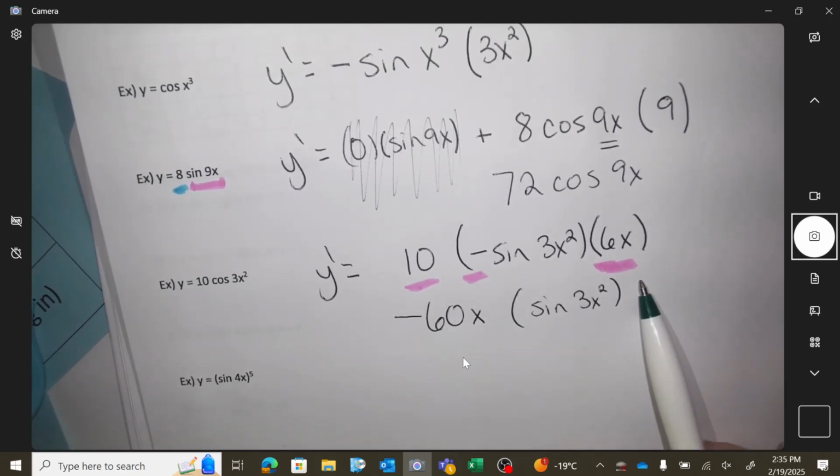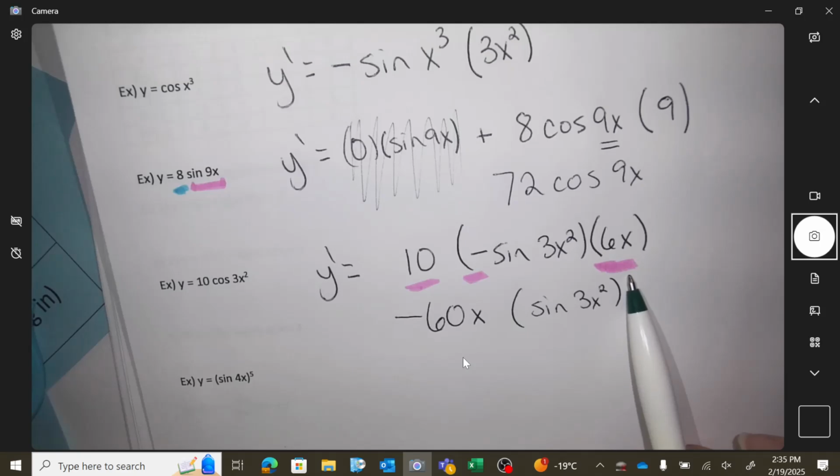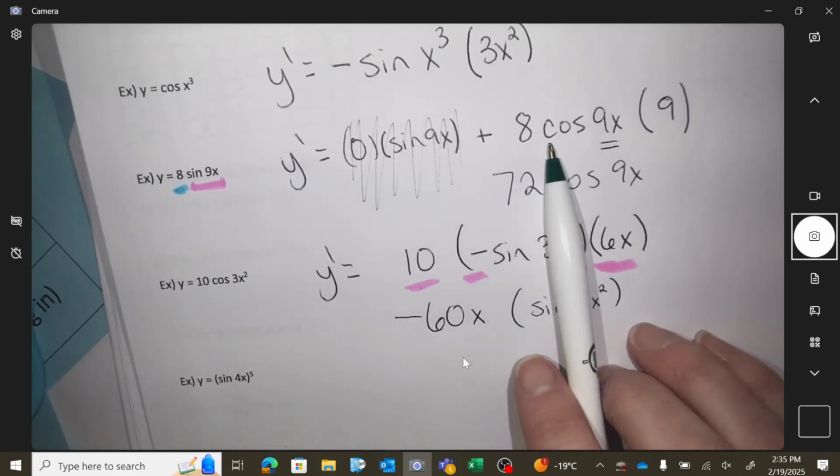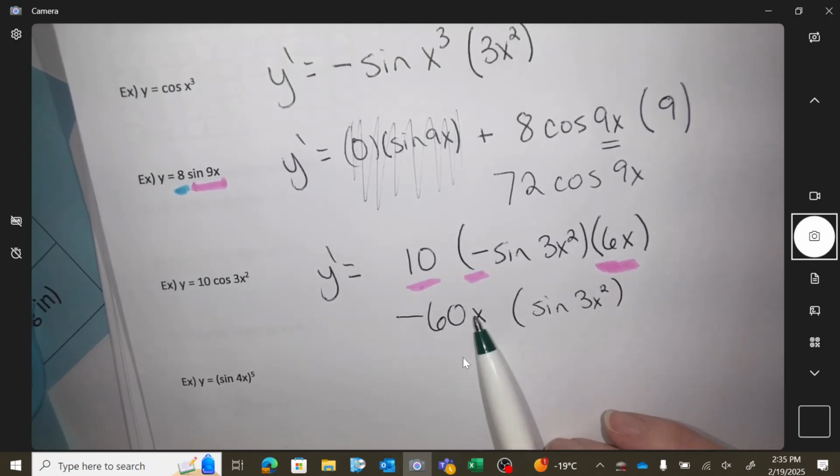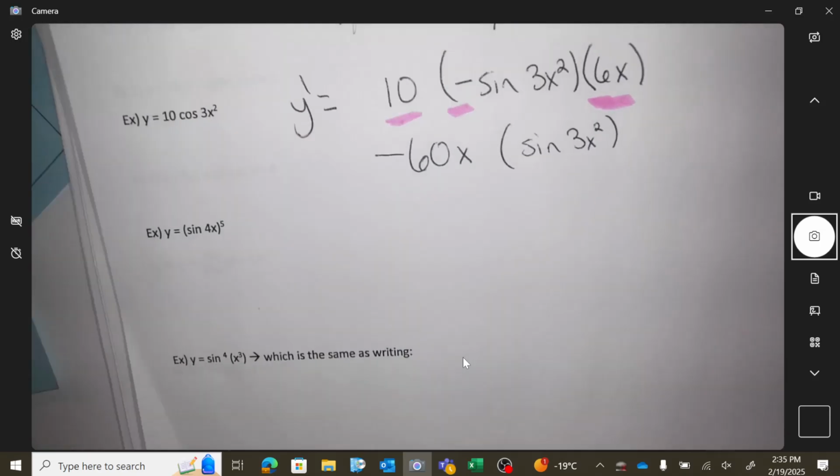I don't think I'm asking you on the test to simplify. So, probably like this one, maybe. I expect that of you, but it'll get crazy and then you won't have to. But okay.